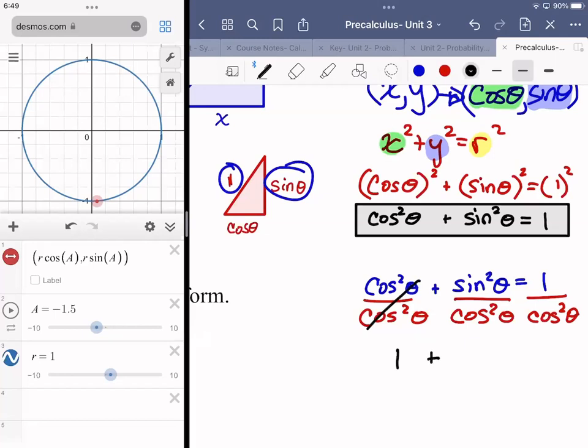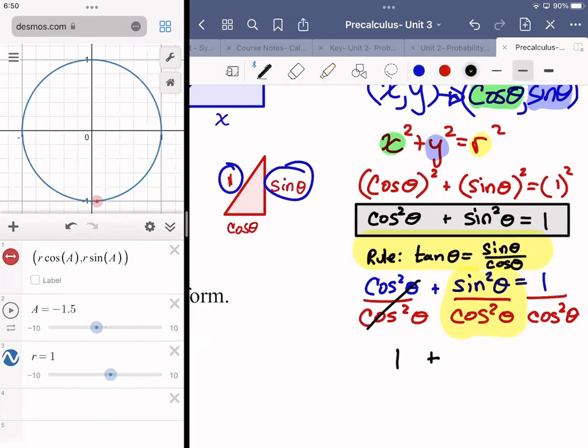Now, a rule is that tangent of theta is equal to sine of theta over cosine of theta. All right, we talked about that last time, or last lecture. So I can apply that here.